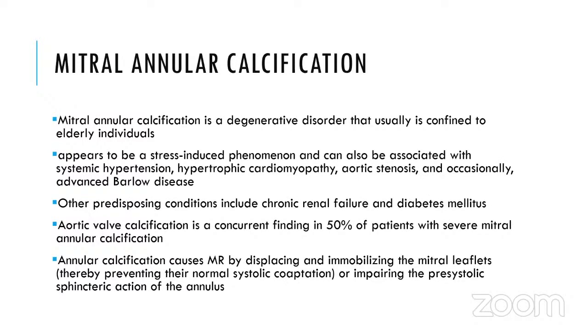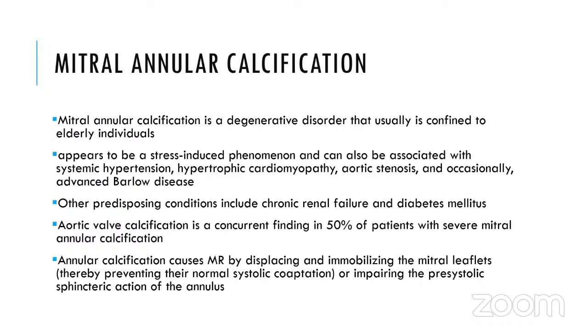Moving on now, we'll talk about mitral annular calcification, which is a degenerative disorder that usually is confined to elderly individuals. It appears to be a stress-induced phenomenon, can be associated with systemic hypertension, hypertrophic cardiomyopathy, aortic stenosis, and occasionally advanced Barlow disease. There are other predisposing factors such as chronic renal failure or diabetes mellitus.